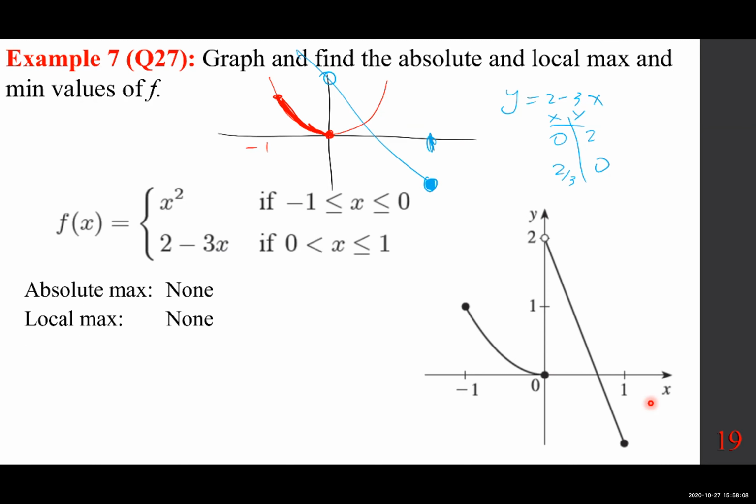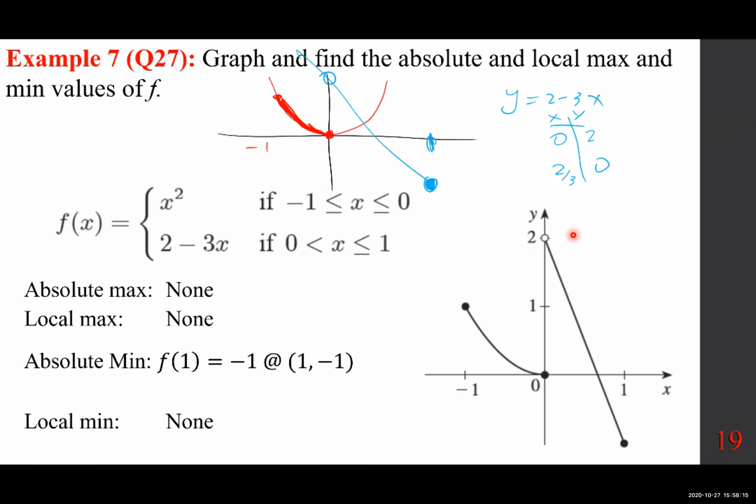So remember, the max supposedly is here, but it's a hole that is out. So the only thing that we have is an absolute min and nothing else. So I hope everybody is clear as to how we arrive at the answer. All right. So from the graph, we can find the extrema.